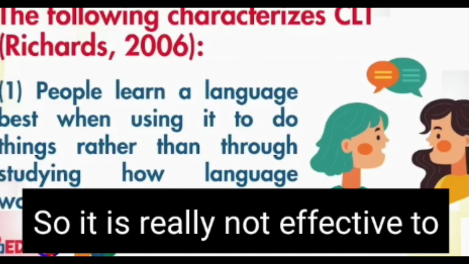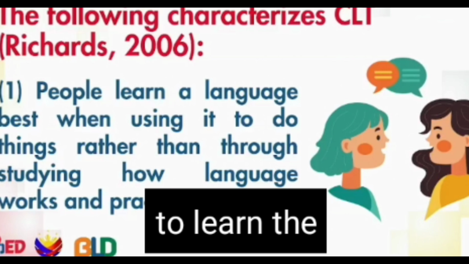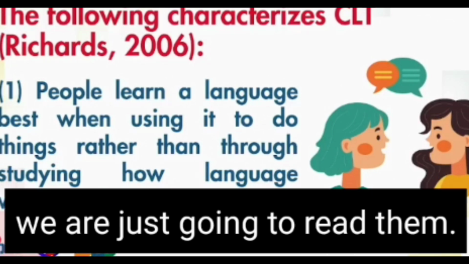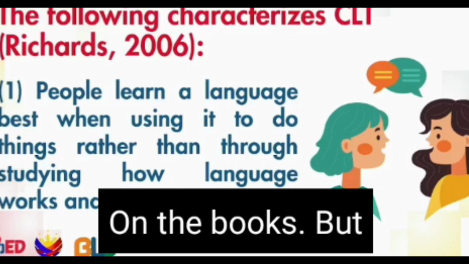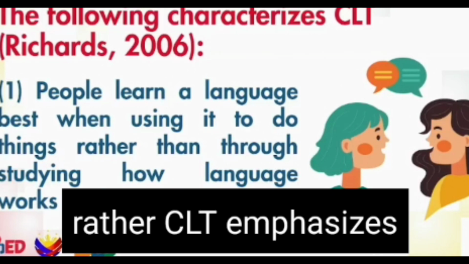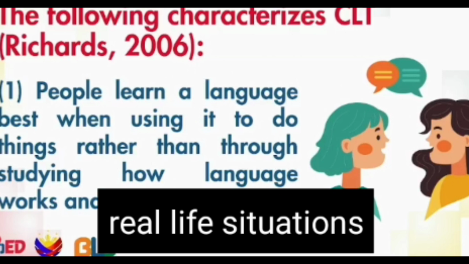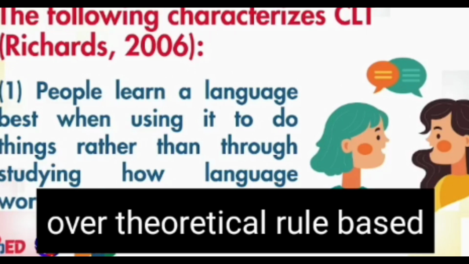So it is really not effective to learn the second language, which is English, if we are just going to read about it in books, but rather CLT emphasizes the use of language in practical, real-life situations over theoretical rule-based learning.